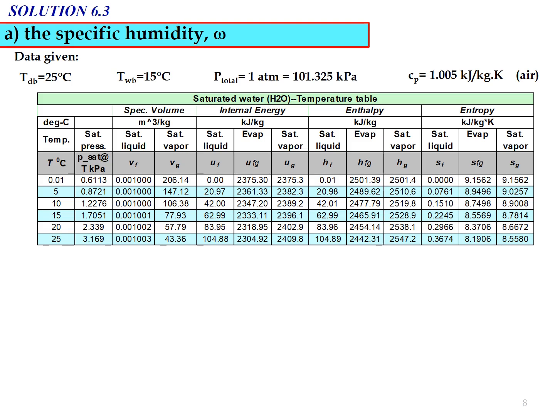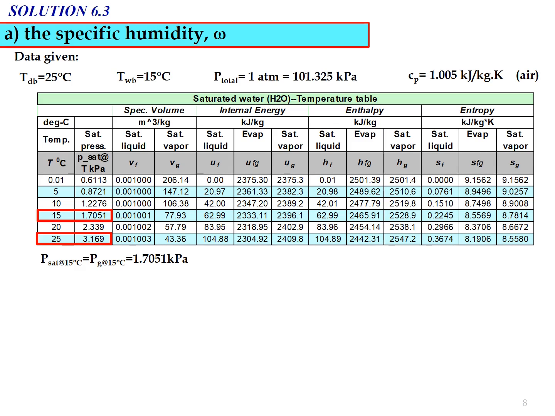From the saturated water table based on temperature, for the wet bulb temperature we can determine P saturated, where the value is 1.7051 kilopascal, and at the dry bulb temperature of 25 we can obtain P saturated, which is 3.169 kilopascal.